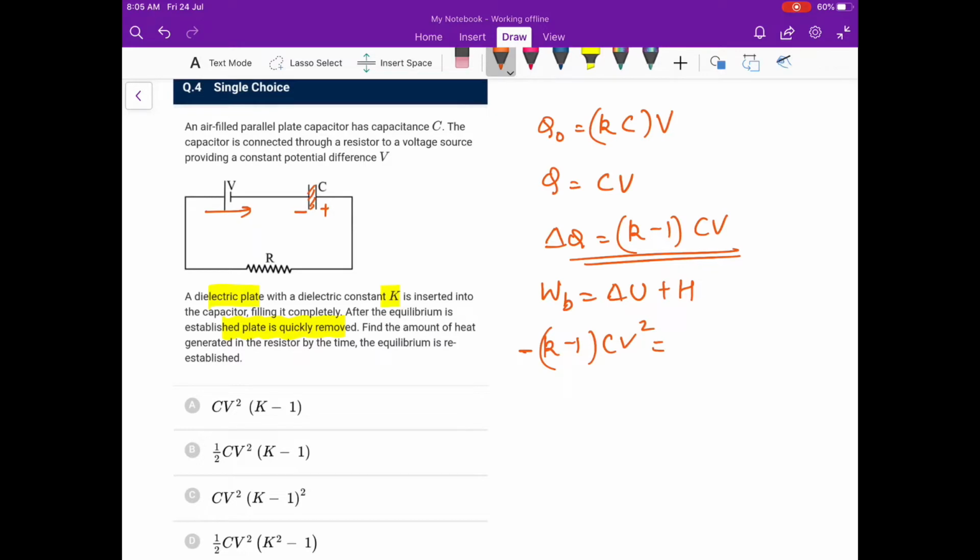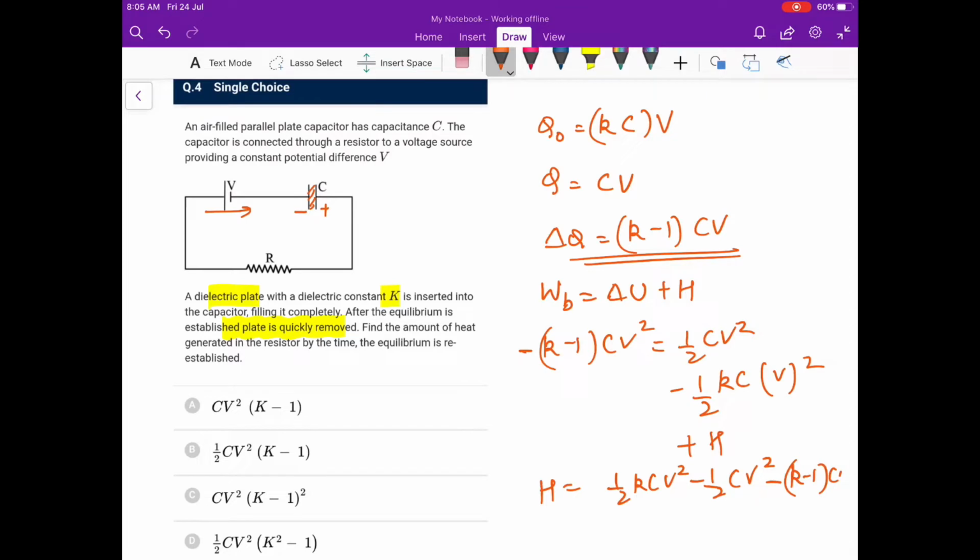Delta U is U final, which is half CV square minus half K C into V square, plus the heat generated. So what we'll have as the heat generated is half K CV square minus half CV square minus K minus 1 CV square.